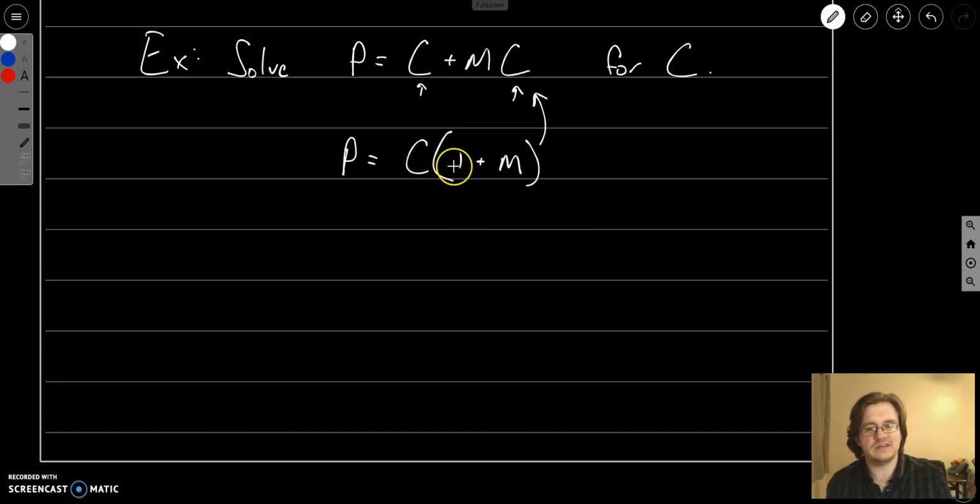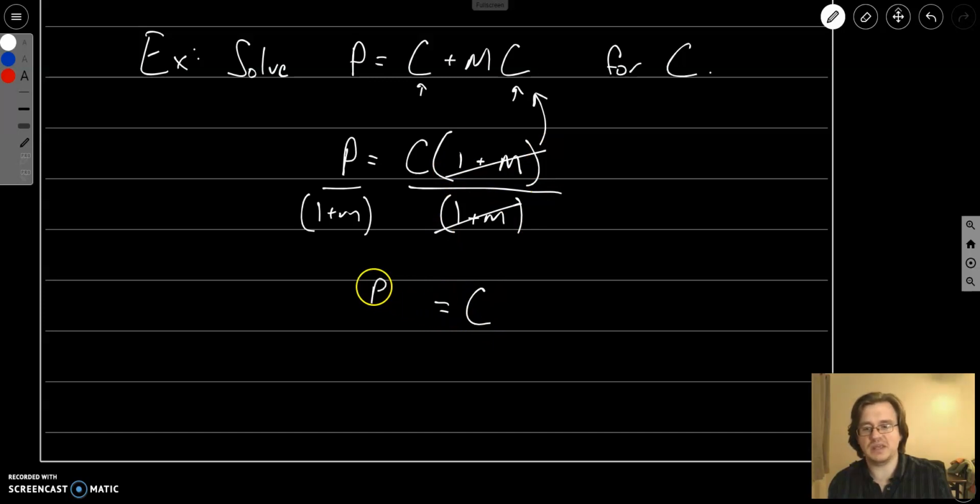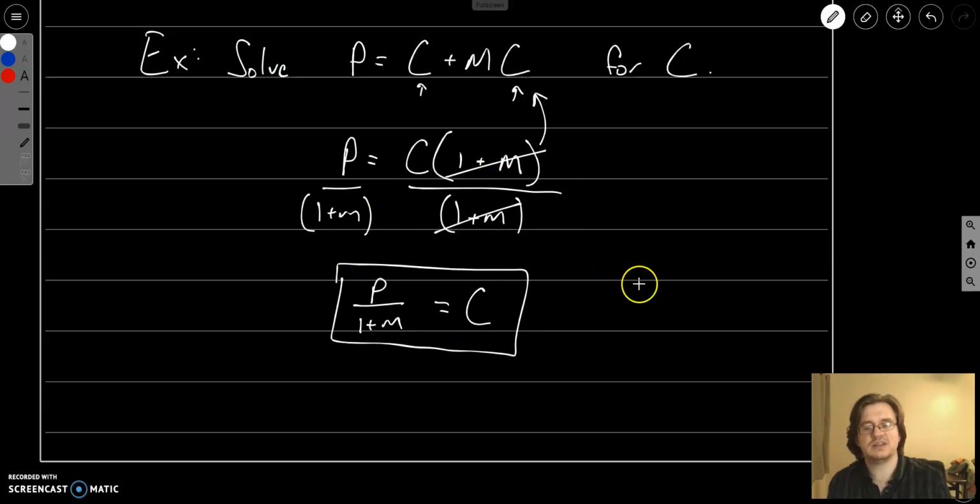I have a factor of C and a factor of 1 plus M. I need to get rid of that factor of 1 plus M. So what I'll do is I'll divide both sides by 1 plus M. These cancel, and I'm left with C on the right-hand side will be equal to P over 1 plus M. So for me, this is the simplest way to solve for C here. I'll factor it out and then get it by itself. So this is my equation solved for C.